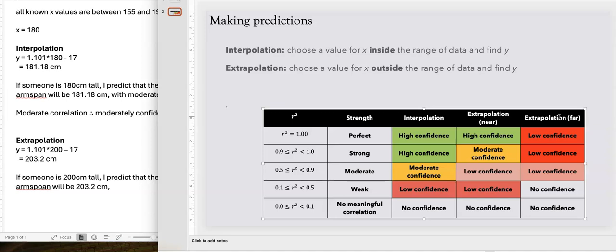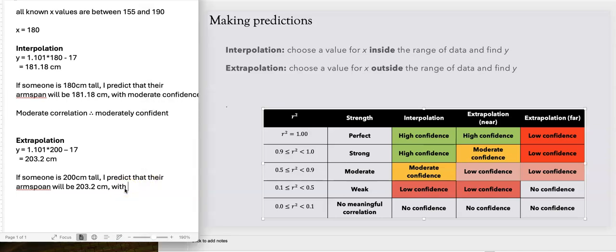That's a really far extrapolation. 200 is pretty close. It's only a little bit above the data itself, so we're a little bit more confident about that than the far extrapolation, but not a lot. So what am I predicting there? That's a near extrapolation, so with low confidence.